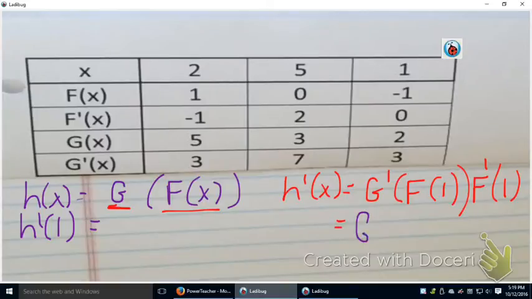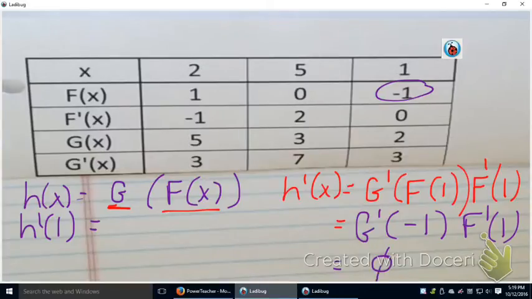So I'm going to figure out what f of 1 is. And then I multiply g prime of negative 1, which doesn't exist from this table, and then I don't have to do anything else in the problem.